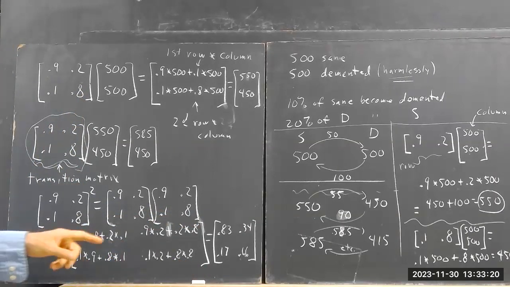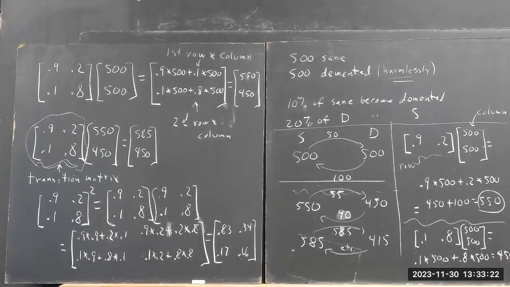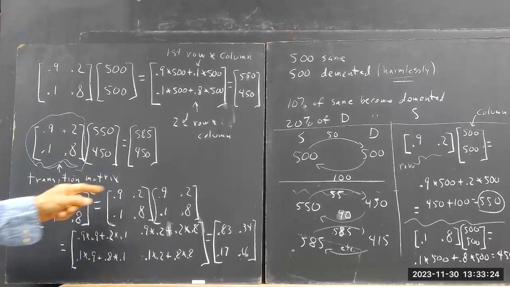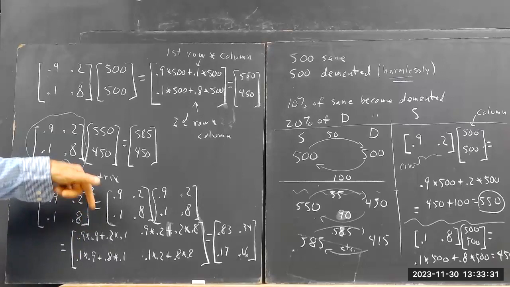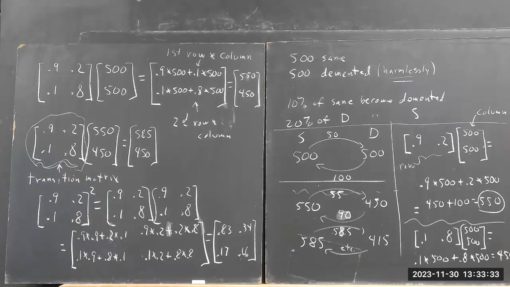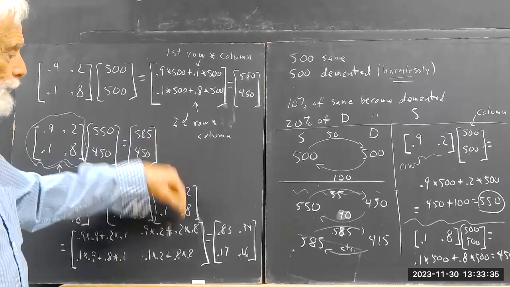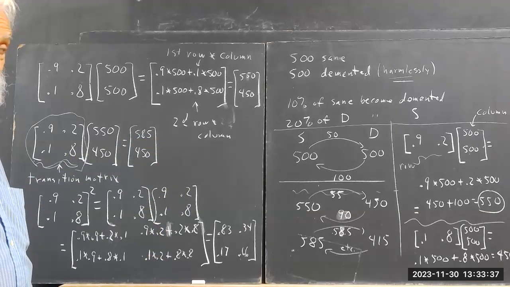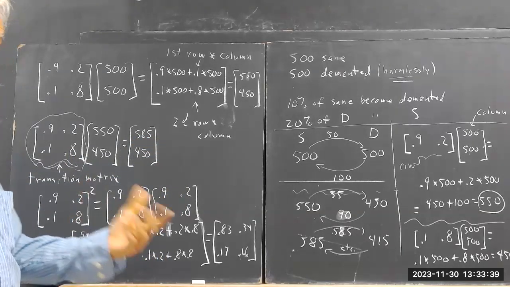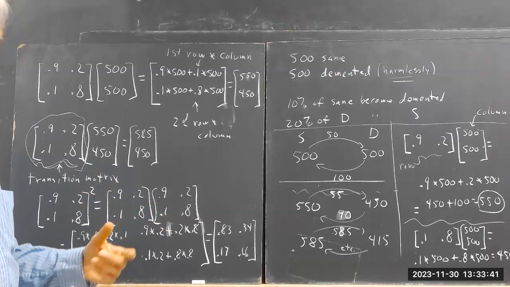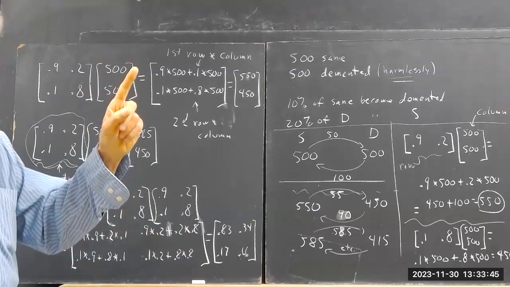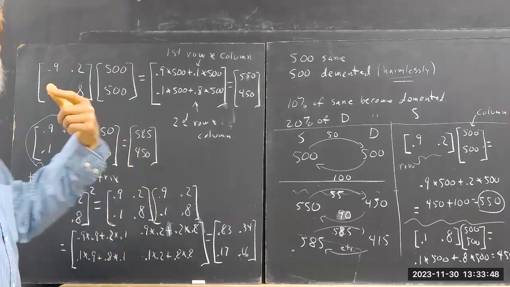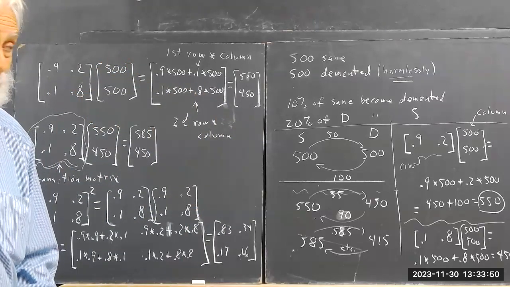So we took row 1 times column 1 and put it in row 1, column 1, because this is also in column 1, right? And then we do row 1 times column 2. Which row do you think that's going to go in, row 1 or 2? We use row 1, so it's going to go into row 1.